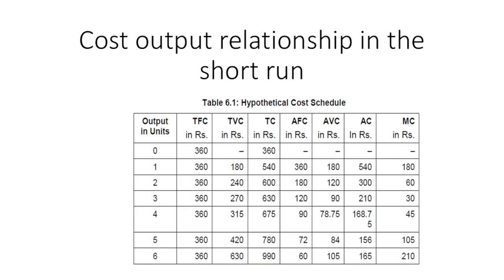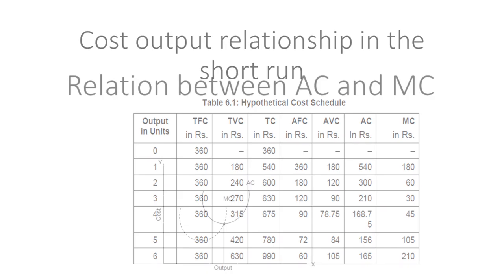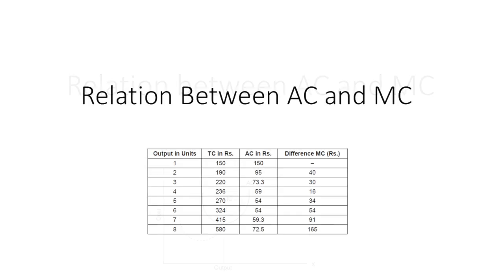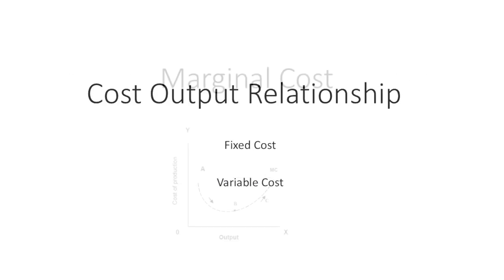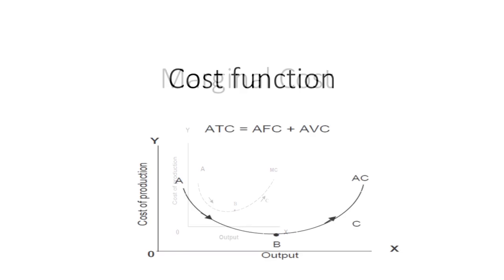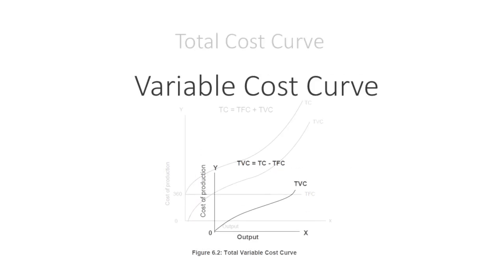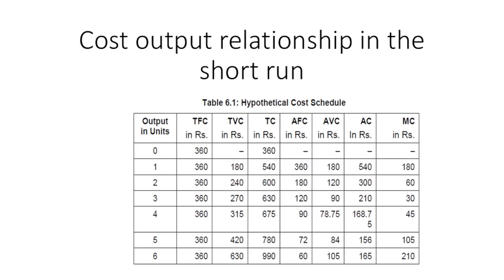The total variable cost increases as output increases. From this figure we can say, this is the total variable cost.